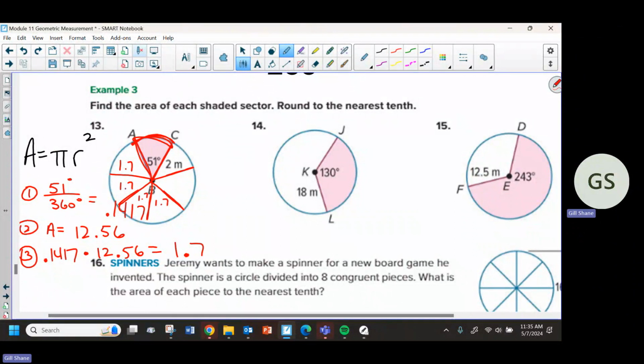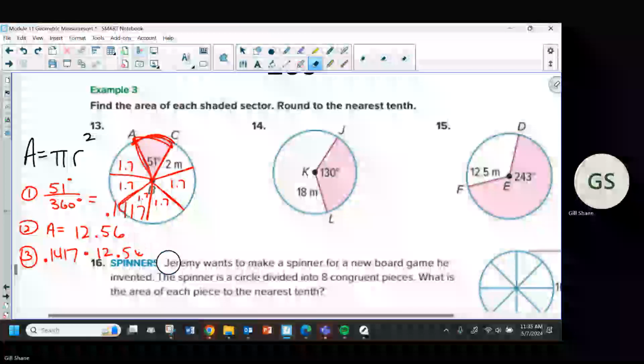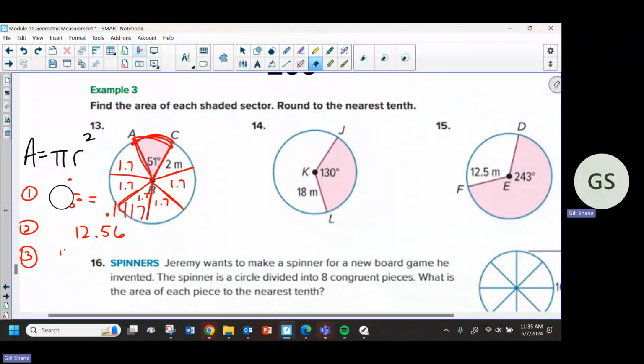Well, if I multiply 1.7 times 7, what's 1.7 times 7 on a calculator? That's pretty close to the 12.56. So again, just try to make sure your answer makes sense.